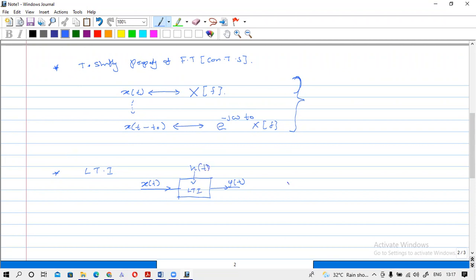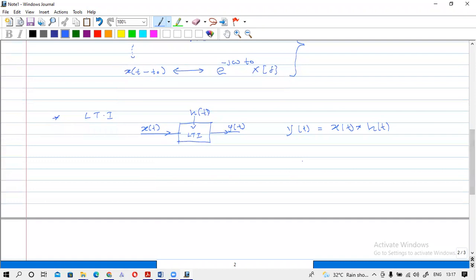So we have y(t) equals x(t) convolved with h(t). If you want to find the frequency response of this system, we have to take the Fourier transform of both sides. So we have the Fourier transform of y(t), let's say it is capital Y(f).